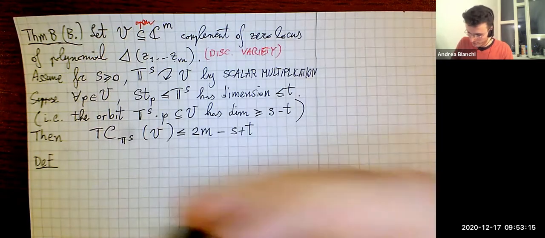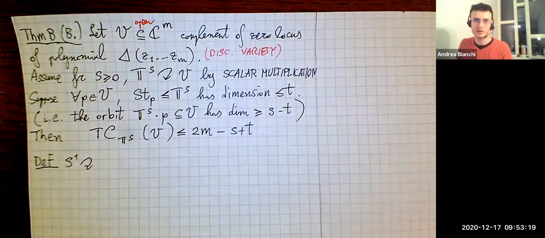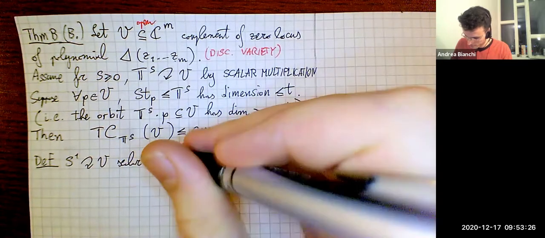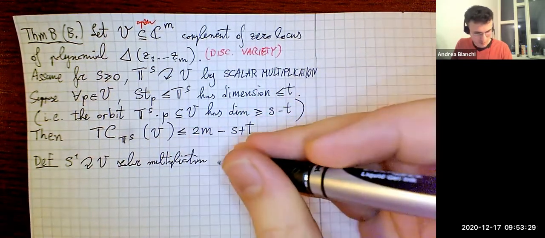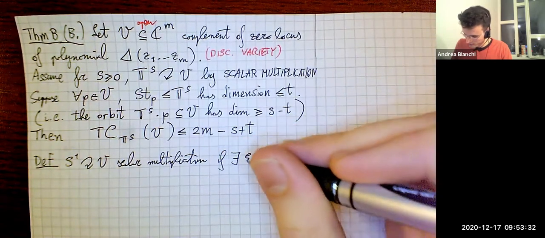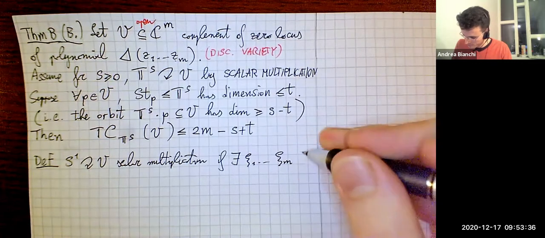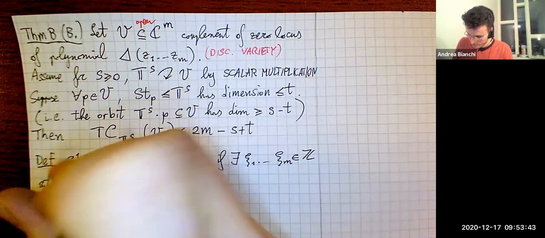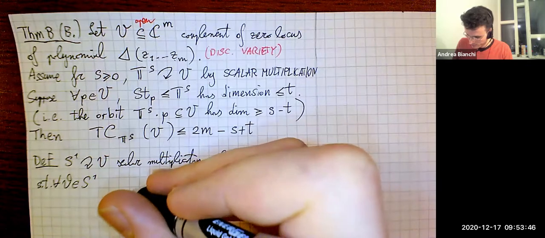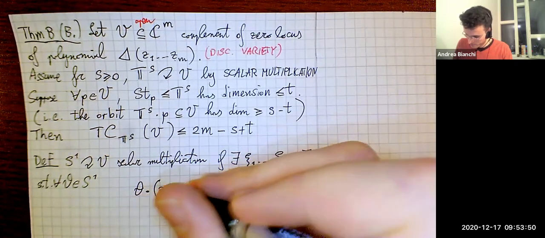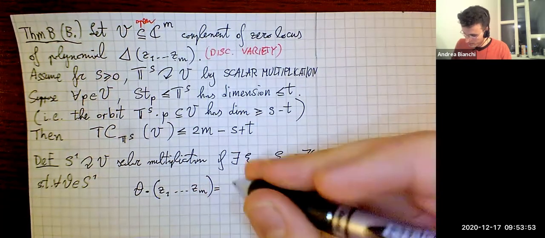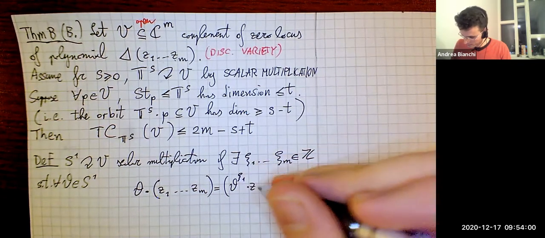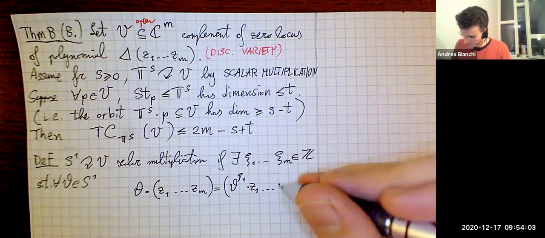Let me first say what it means that S1, a one-dimensional torus, acts on V by scalar multiplication: if there are integers c1 up to cm such that, for theta in S1, theta acts on the points z1 up to zm by multiplying separately each coordinate, using the ci's as exponents.